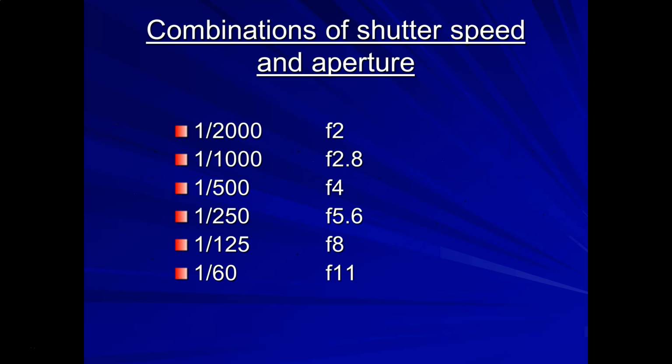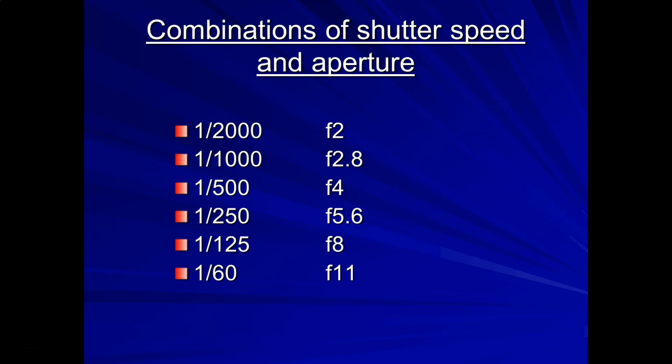So in reality, there's a series of combinations of shutter speed and aperture that would work for that amount of light. There you see the combination we started with, third one down, 1/500th of a second at f4. But all these other combinations would work as well, because they all involve halving the shutter speed and doubling the amount of light let in by the aperture.